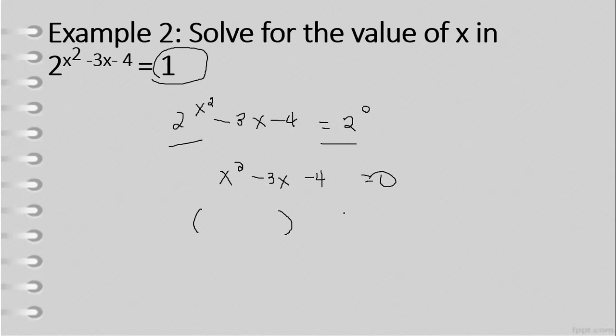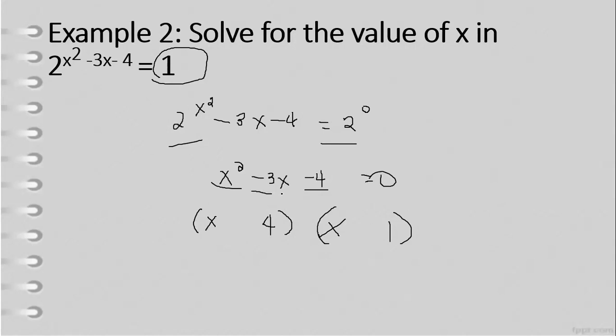Let's factor, x times x. Two numbers that multiply to 4 and add or subtract to give 3: 4 times 1 is 4. Since the constant is negative, one of them carries the negative sign.